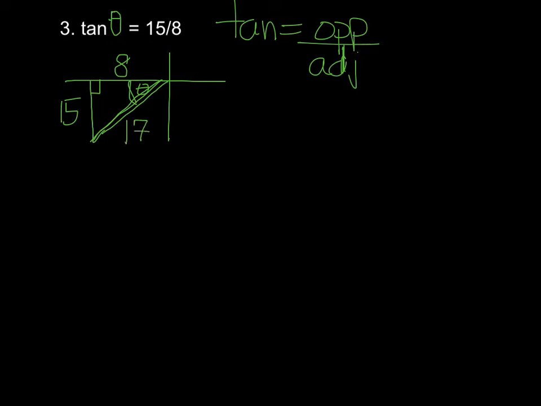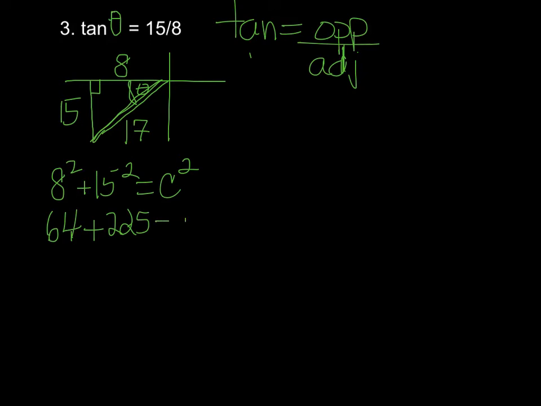Now, if you don't know your Pythagorean triples, you can just do 8 squared plus 15 squared equals c squared, and you can solve from there. So that would be 64 plus 225 equals c squared.